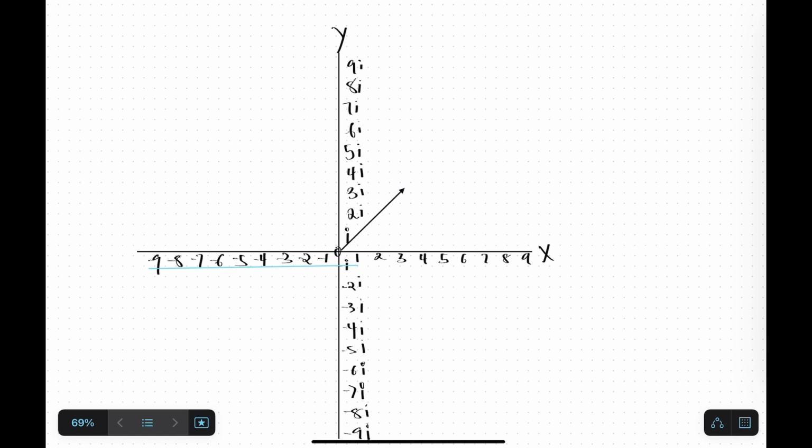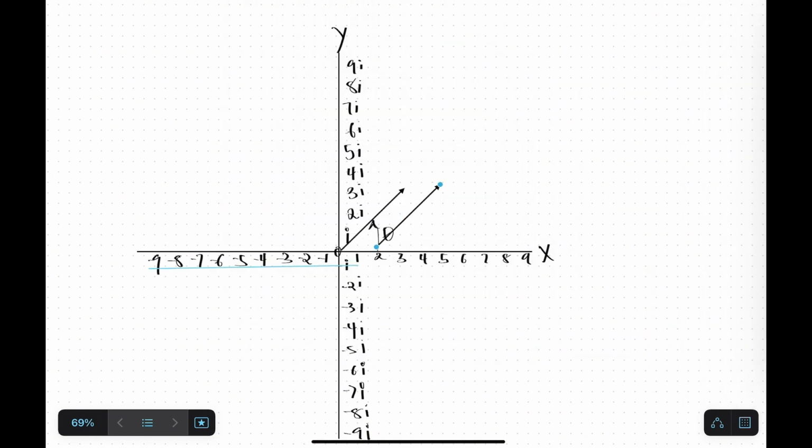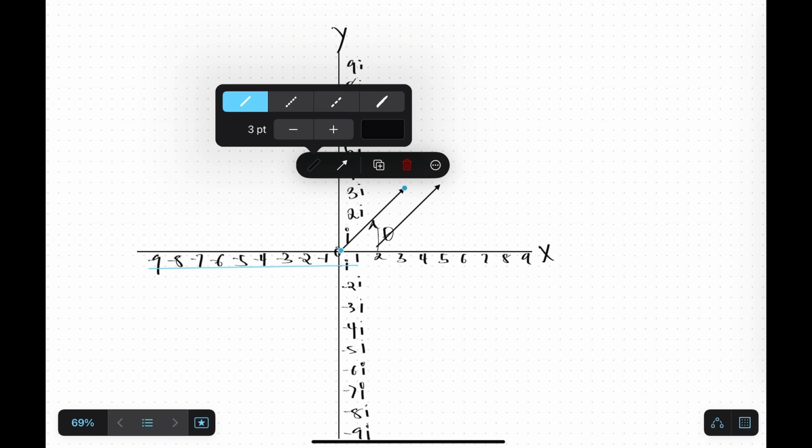For example, this vector has a length but also a direction away from the x-axis. The vector can be described in terms of those values or also as 3 plus 3i.